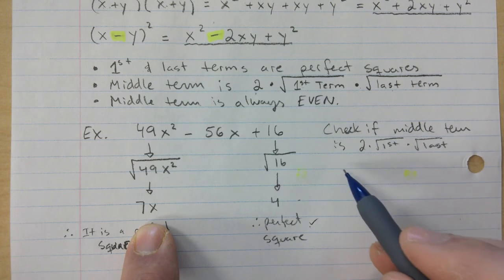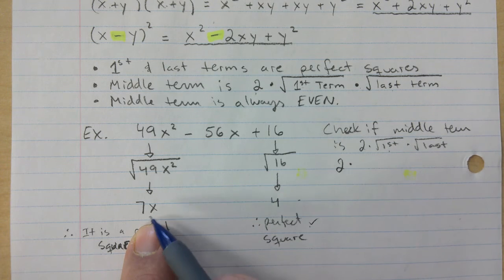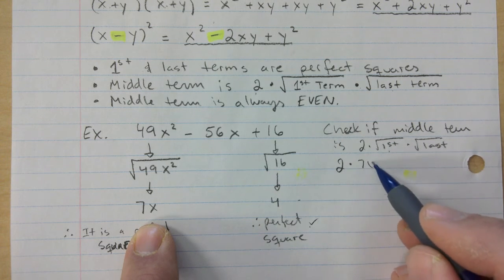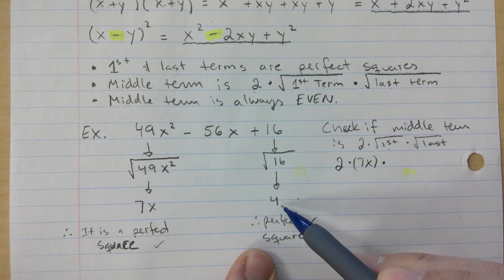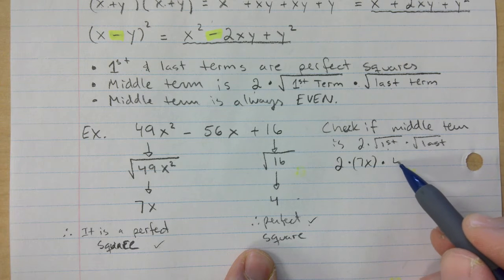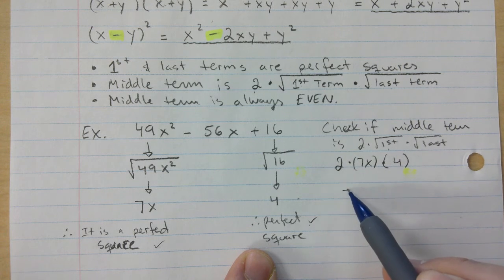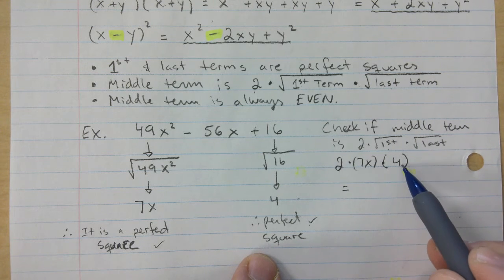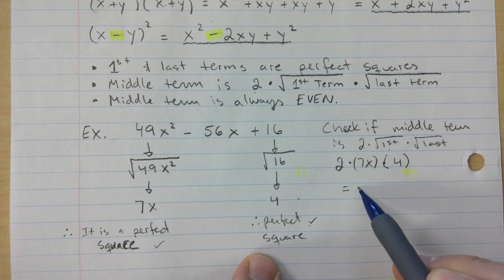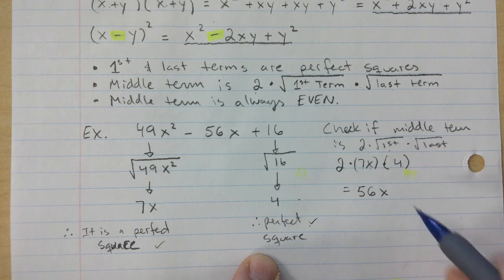So 2 times the square root of the first term, 7x, times the square root of the last term, 4. So let's do the math here. 2 times 4 is 8, times 7 is 56, and x is just x.